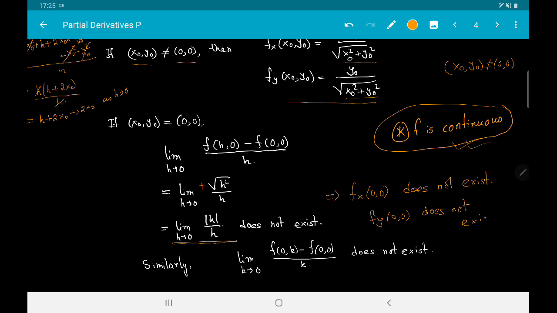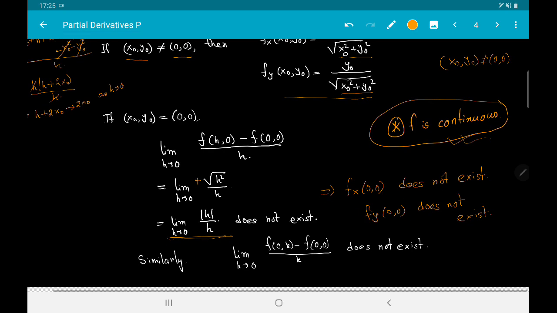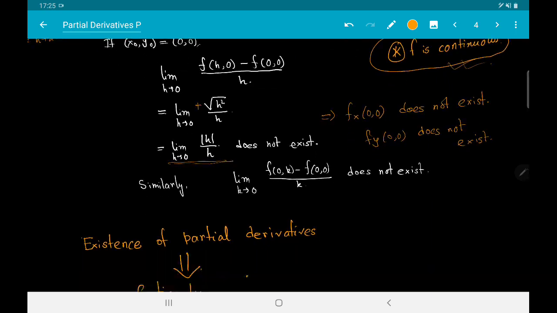So okay, this is what you are going to expect. It will not surprise you too much, because it is okay to have a function which is continuous but not differentiable. So this is something you are getting here, that you have a function which is continuous, but there exists a point where none of the partial derivatives exist. But what happens with the converse?